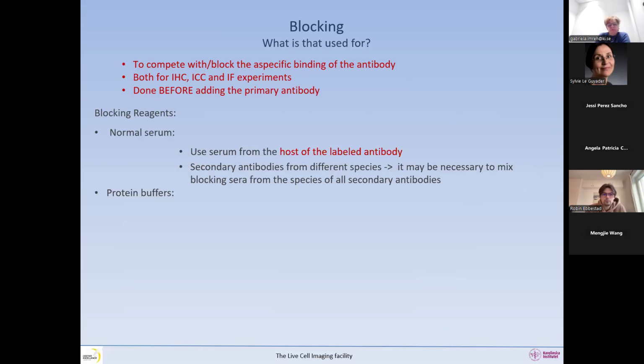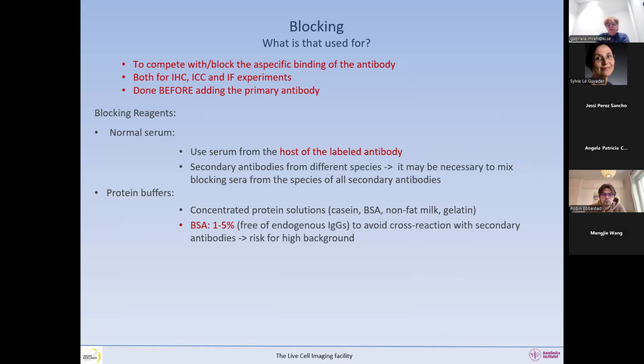You can also use protein buffers, which are concentrated protein solutions. The most commonly used are BSA, non-fat milk, casein, and gelatin. When it comes to BSA, there are different concentrations, depending on the protocol you are following and your antibody.